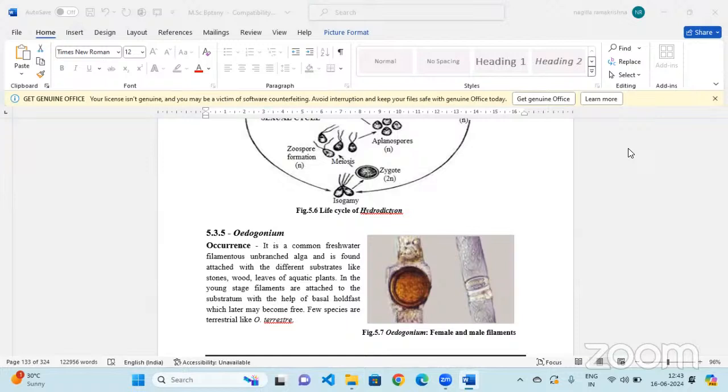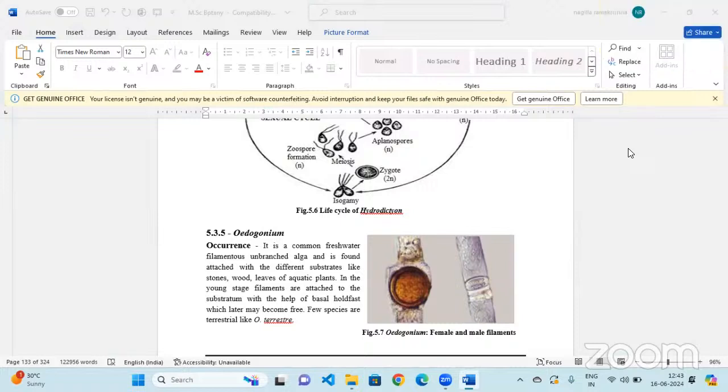Second one, reproduction system. Reproduction system means asexual and sexual. Both we have. Plus, you draw neat diagrams. Diagrams are also most important. So regarding reproduction. Is it clear now?